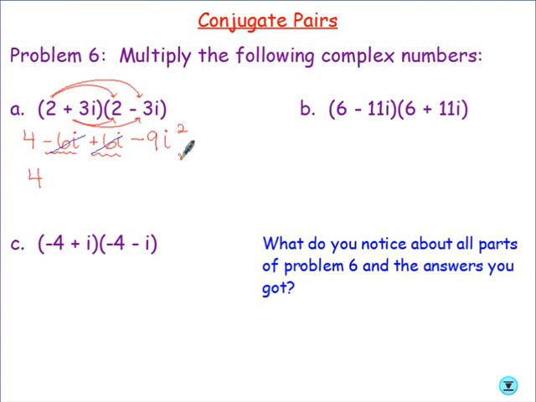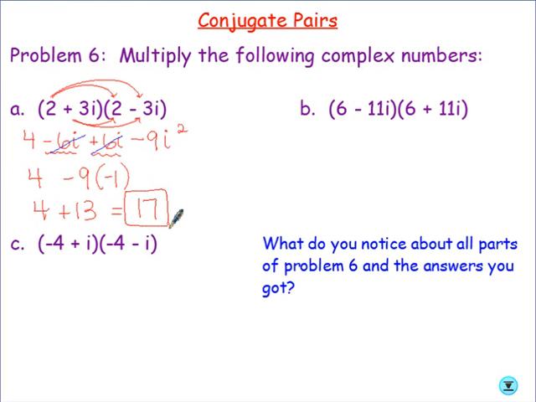Now this last part, we like the negative 9, but we don't like the i squared, so I'm going to make it a negative 1. Keep the 4. Negative 9 times negative 1 is positive 13. And 4 plus 13 is 17.